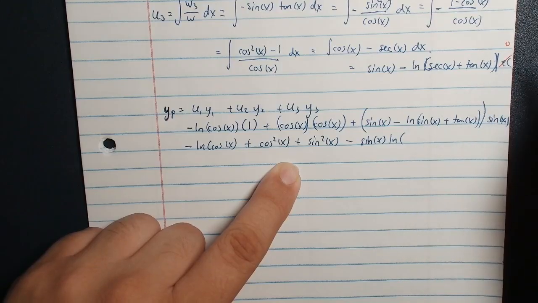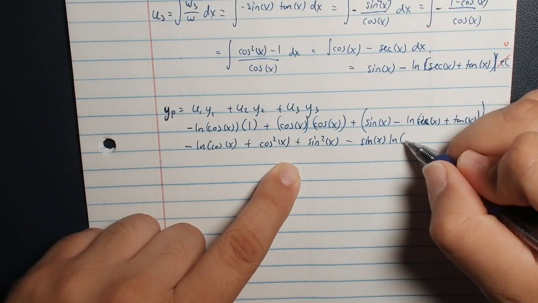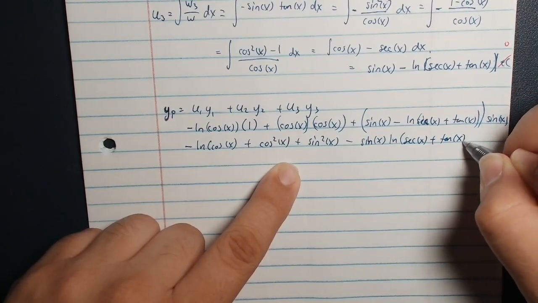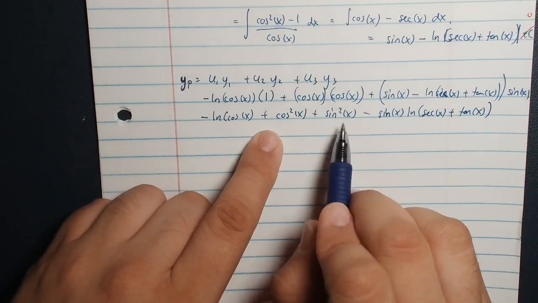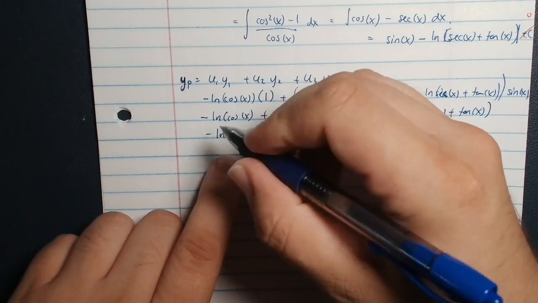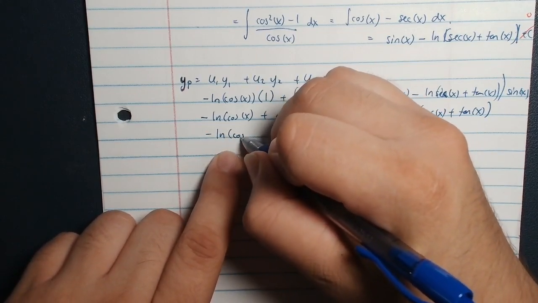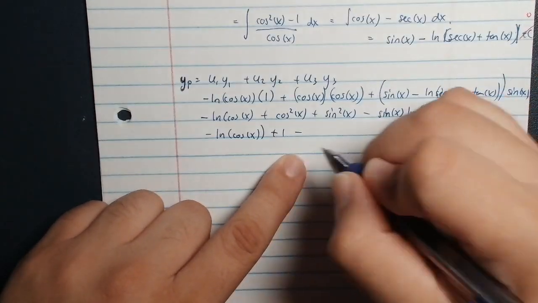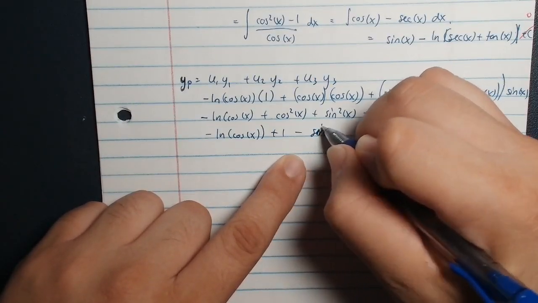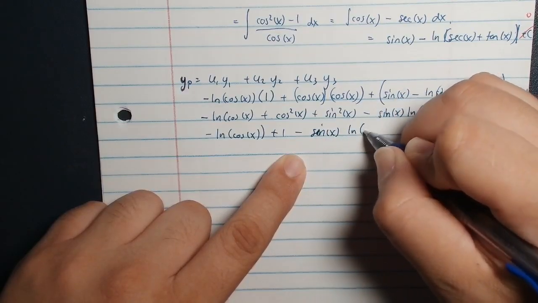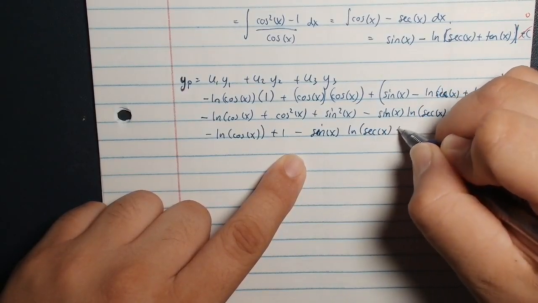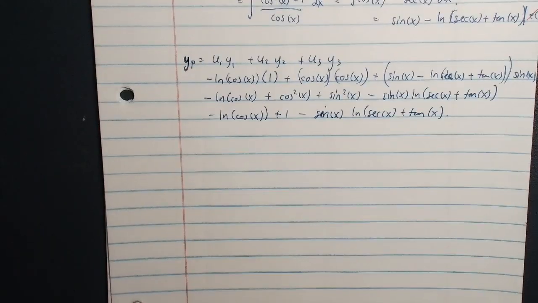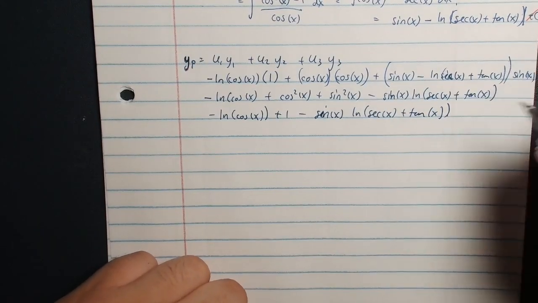Sorry, I wrote sine, didn't I? That should be secant of x. Here, this is the number 1. So we can write that as negative natural log of the cosine of x plus 1 minus sine of x natural log of secant of x plus tangent of x.